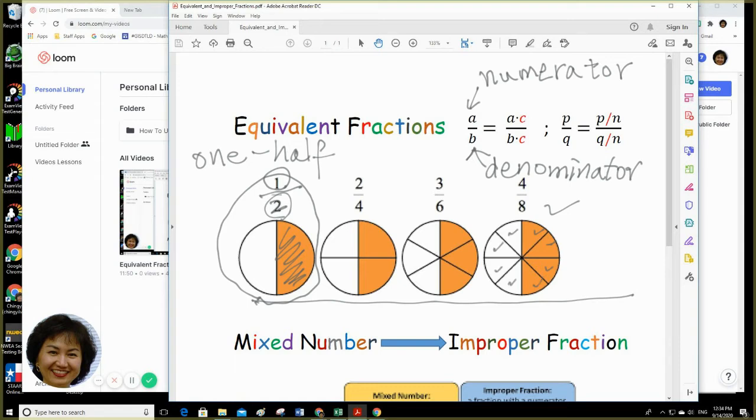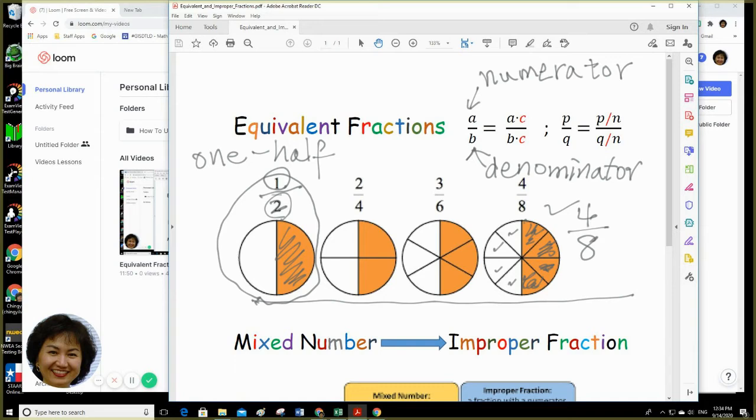And you eat 4 slices of that 8. See, this is 1, 2, 3, 4. So we say that's 4/8.